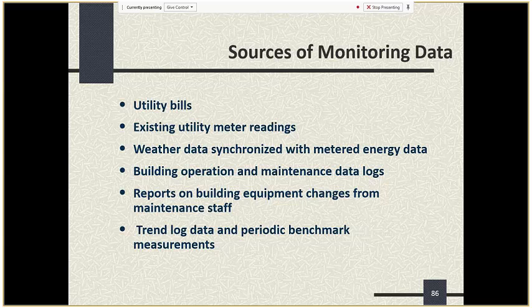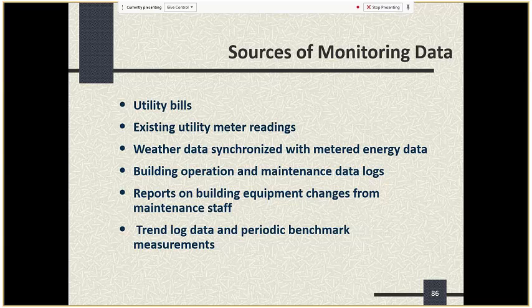So what are some of the sources of monitoring data that you might be looking at? Well, you could look at a utility bill. You could look at utility meter readings. For example, on the PV system, that would be a case where you're looking at an output meter. You can look at weather data. In this case, once again, PV is a good example. You have to look at solar irradiation data. You could look at a building operation and maintenance log to see what's going on with the level of O&M on critical equipment.